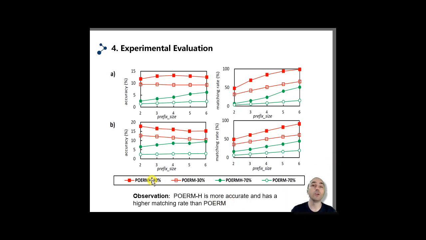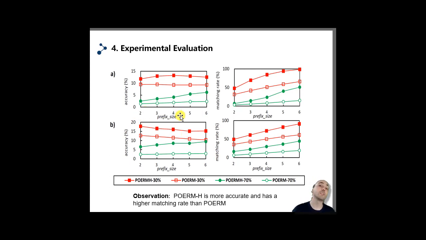So here we use different values for the parameter, okay. So this is the confidence, okay. So we have two databases, A and B is for the two databases, and we have the accuracy and the matching rate based on the prefix size.